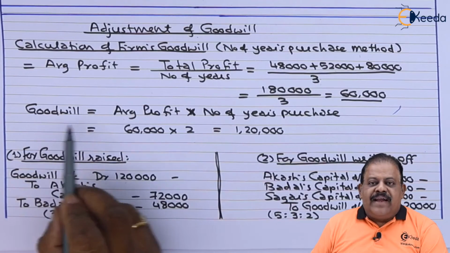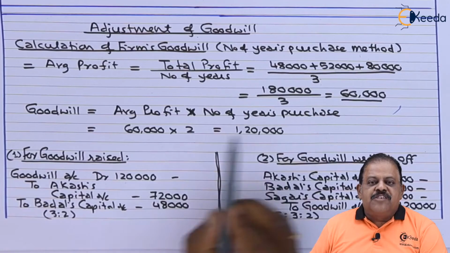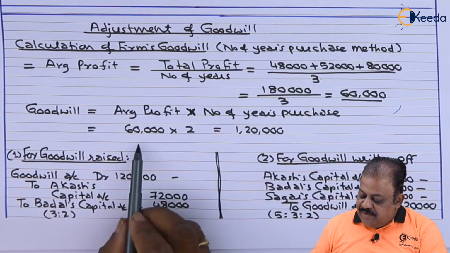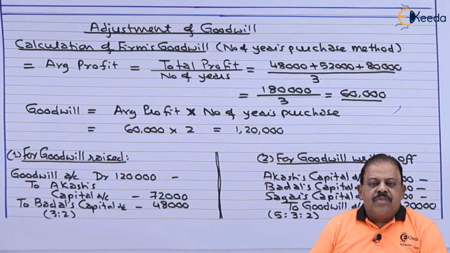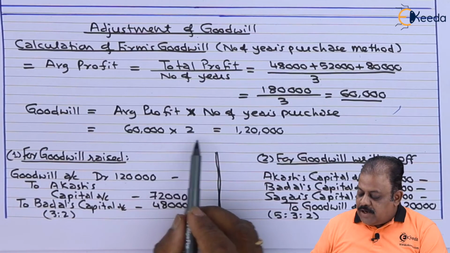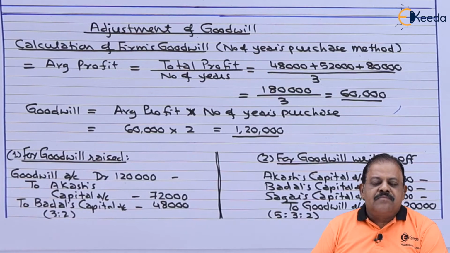Goodwill is calculated as average profit multiplied by number of years purchase. Here average profit we have 60,000. In the question they have said goodwill is twice the average profit. So 60,000 multiplied by 2, we get the firm's goodwill 1,20,000.